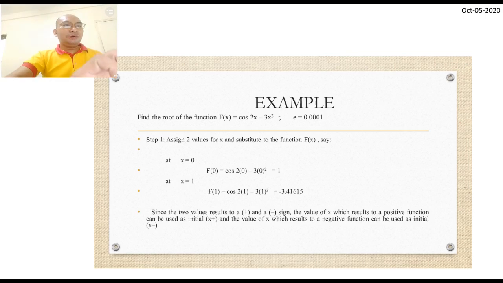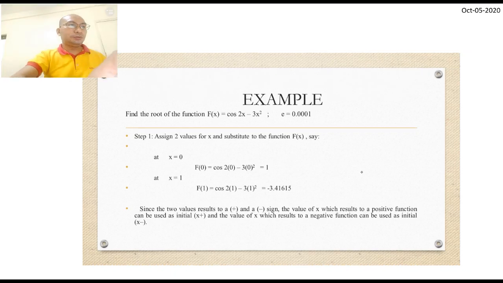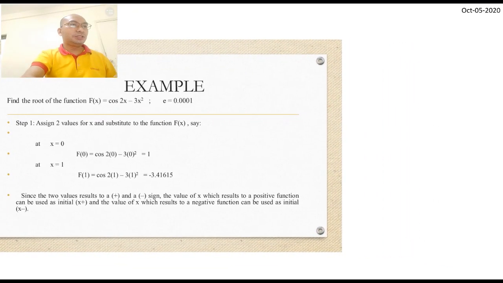So following the steps, the first step for the half interval method is to assign two values such that your x will have a positive value and the other one will have a negative value.